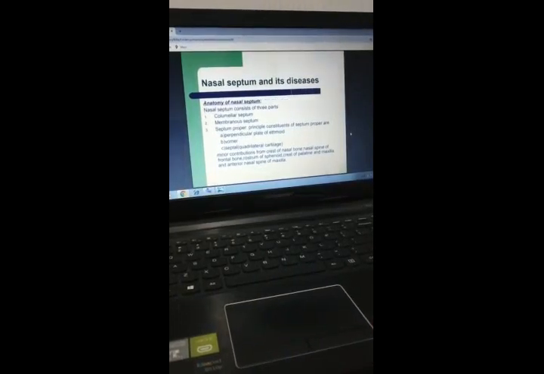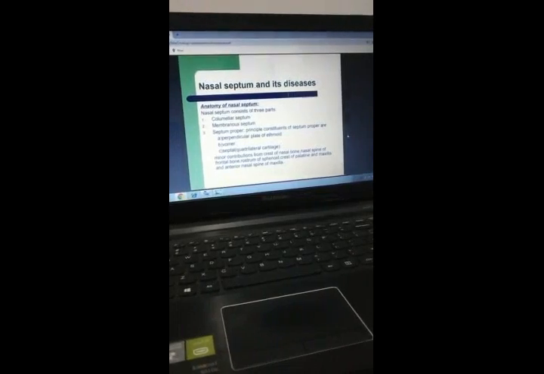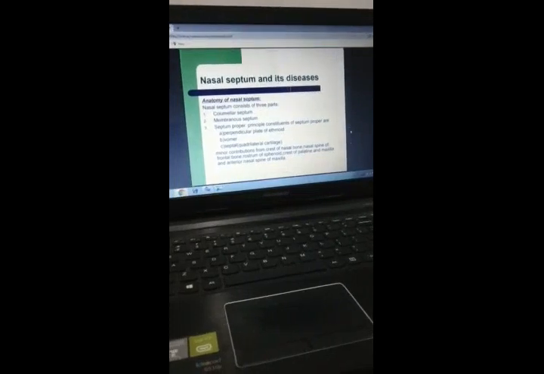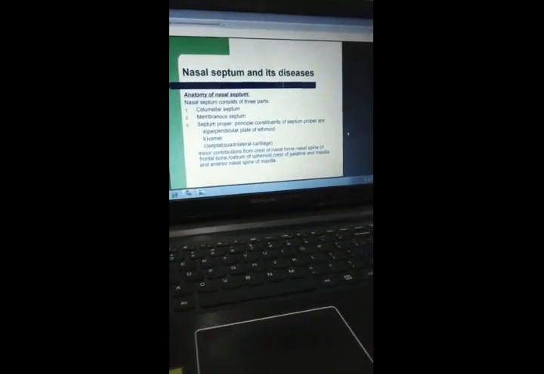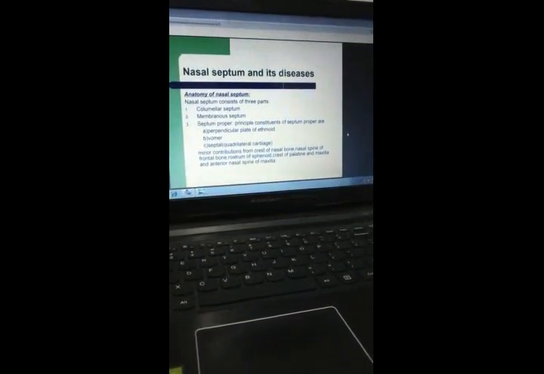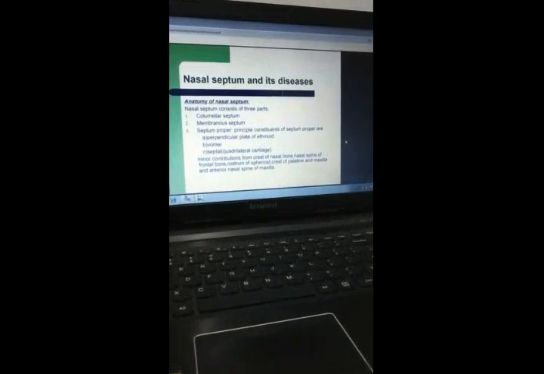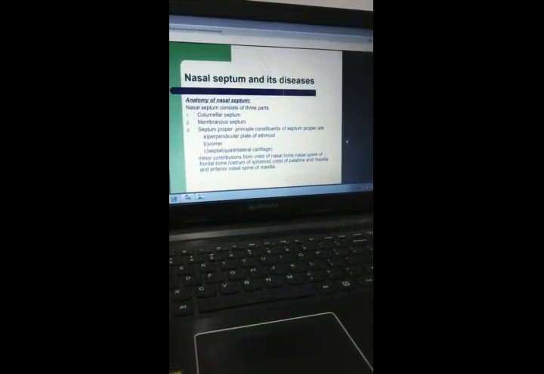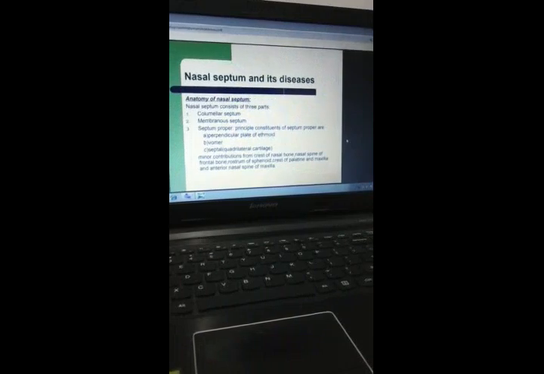Second is the membranous septum. It consists of a double layer of skin only with no bony or cartilaginous support. It lies between the columella and the caudal border of the septal cartilage. Both the columnar and the membranous parts are movable from side to side.